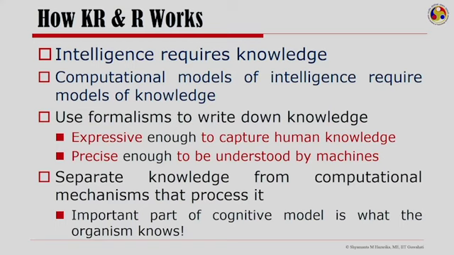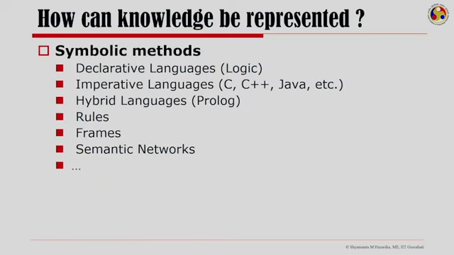So there is an important part of cognitive model in what the organism knows, but then we should not mix both the knowledge and the computational mechanism of a system when we are trying to create an intelligent system with knowledge representation and reasoning. So the next question that arises is, how can knowledge be represented?